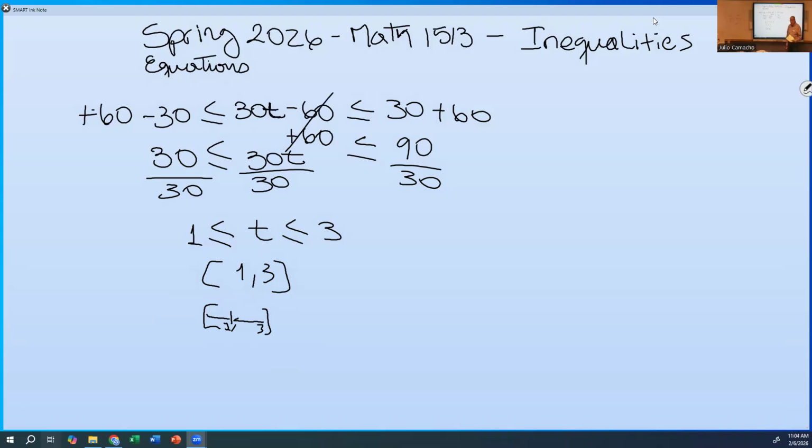To graph this, you put two brackets, one next to the 1 on the number line and the other next to the 3. That is your 0, sorry, hold on.